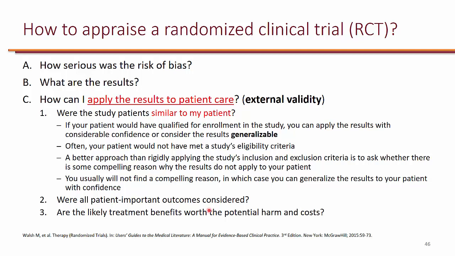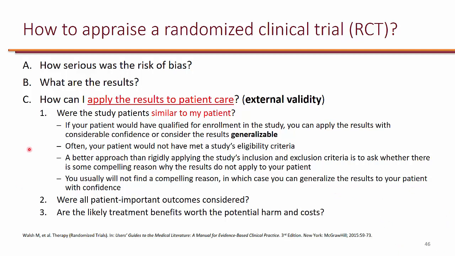in the studies. But really, more importantly, is can you find compelling reasons in which you cannot generalize the results to your patients? Because if you cannot find a compelling reason, it's typically generalizable to your patient.